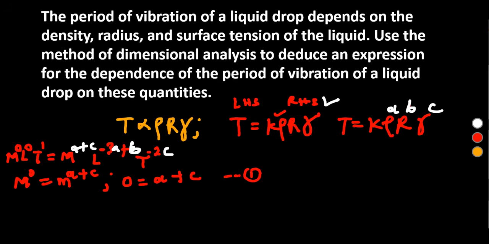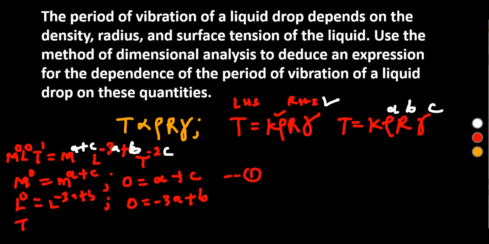So coming to L, we have L to the power of 0 equals L to the power of minus 3A plus B. So again, we get another equation from here. This is 0 equals minus 3A plus what? B.